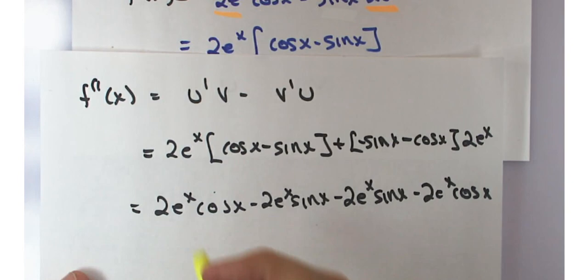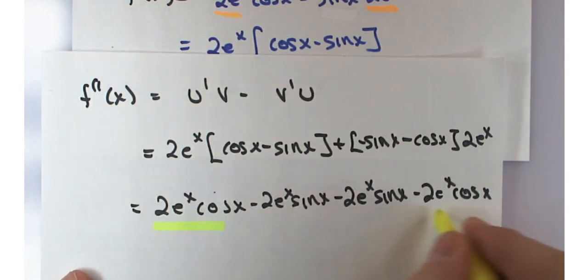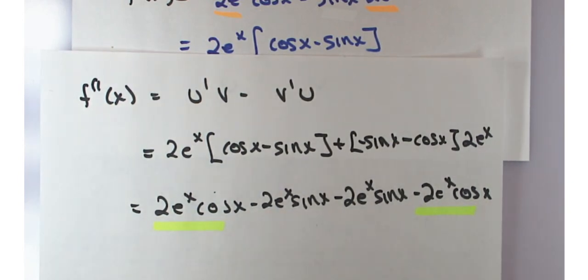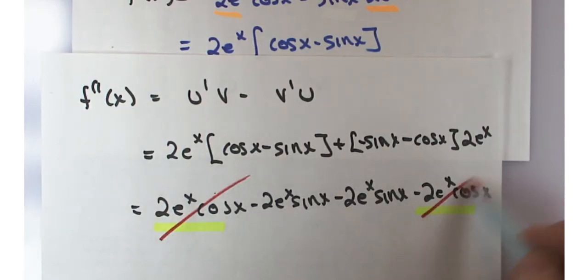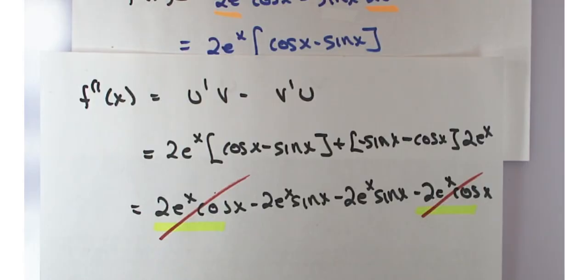Well, there are some like terms. Well, before we factor out, let's... Yeah. These terms cancel out completely, right? That one and that one, they're the same but opposite signs. So they cancel out to 0. How about the remaining two terms?